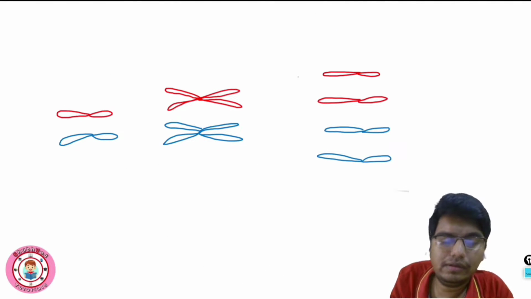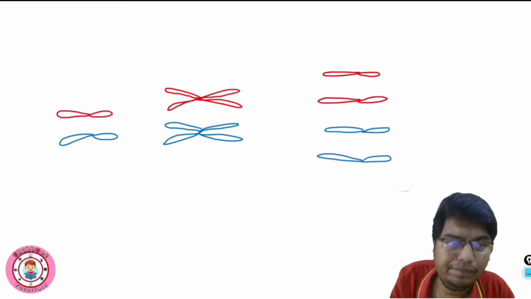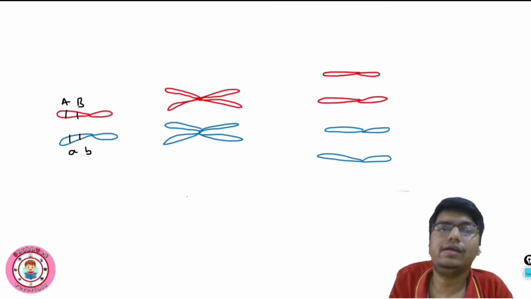Now this is the F1 that is having different genes on the same chromosome. These are linked genes, as we saw.